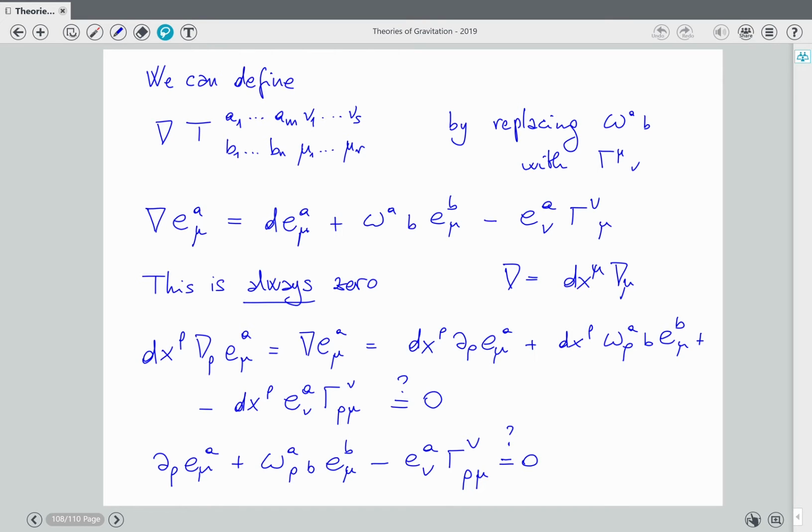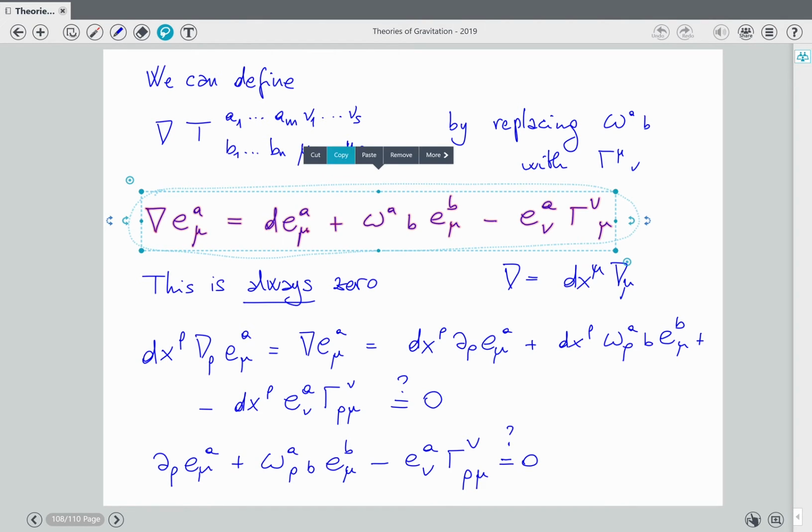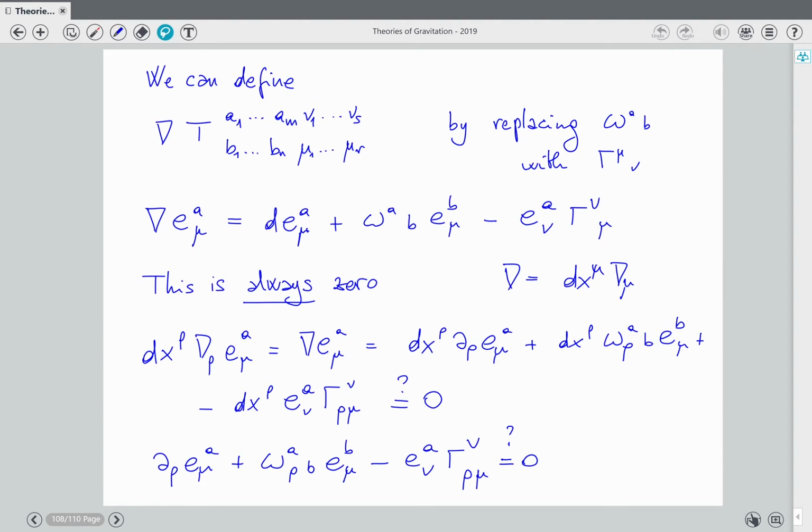Just to convince you that this is a very, very general identity, this equal to 0 should hold in every basis. We are not using that e^A_mu is the basis that diagonalizes the metric.